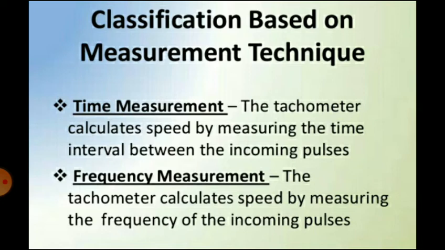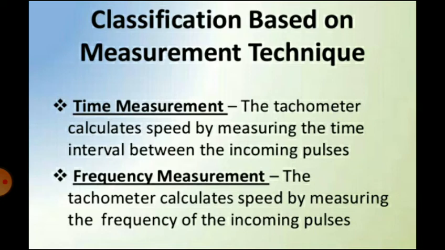Now regarding digital tachometers, the electromechanical methods used for measurement of angular velocity are satisfactory up to about a speed of 10,000 rpm. Higher speed measurements are possible with digital pickups which work in conjunction with digital frequency meters.